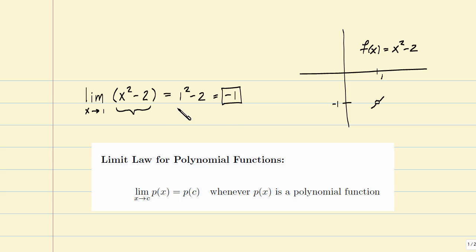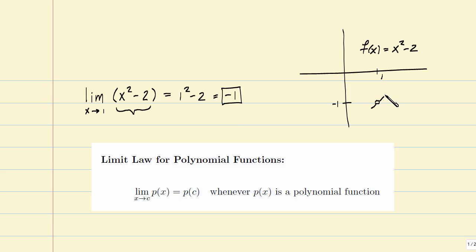It does not, of course, tell us anything about what happens at 1, so we leave that for the moment as an open circle. But again, just what happens near 1, so we've indicated that with these little tails. They might be pointed up or down depending on the actual behavior of this function, but the point is they're very close to a height of negative 1 when x is sufficiently close to 1.